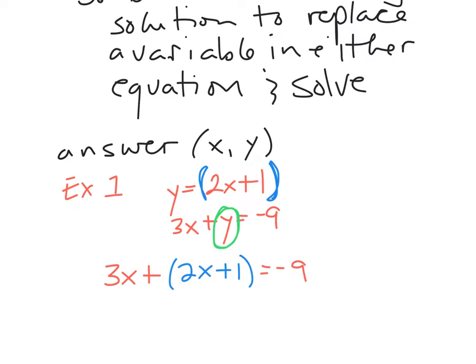Now I realize at this particular point that the parentheses are unnecessary. There is no number in front of my variable or in front of my parentheses, so there's nothing sitting right there, for example, that would make me have to distribute.